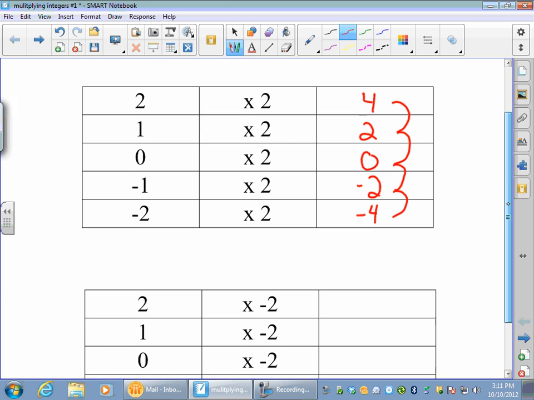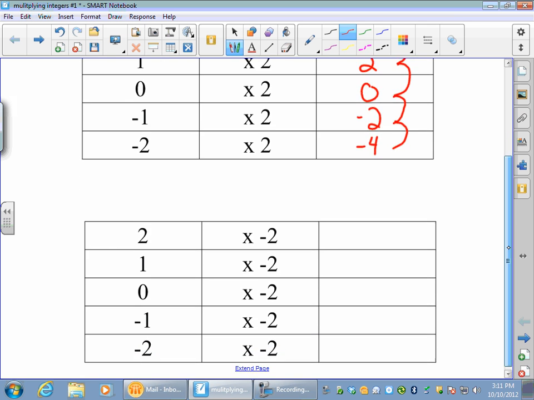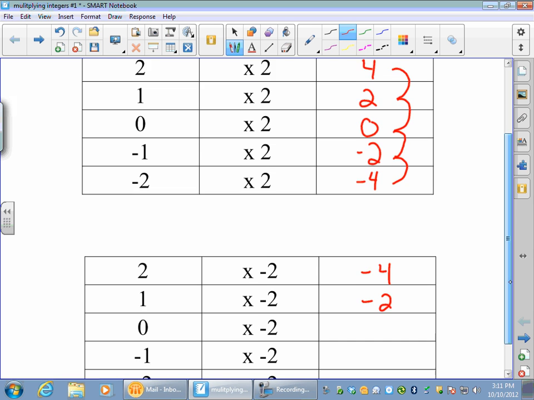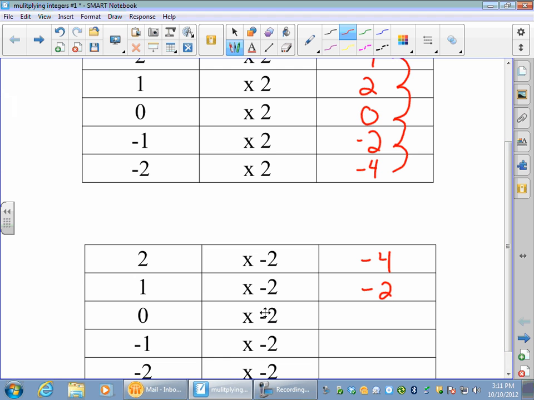Now we can fill out the next chart. It's very similar, except instead of multiplying each of them by positive 2, we're going to multiply each by negative 2. So 2 times negative 2, we just did that up here. Now we know that's negative 4. 1 times negative 2, well, 1 times anything is that other thing, so 1 times negative 2 is negative 2. 0 times negative 2 has to be 0.